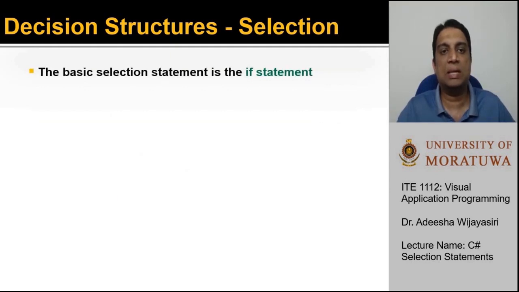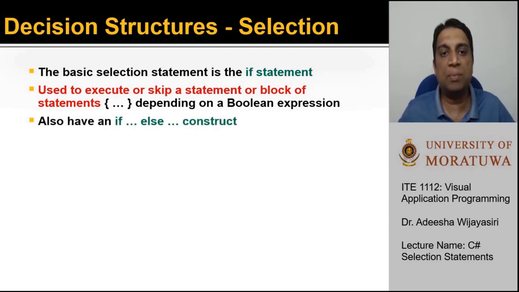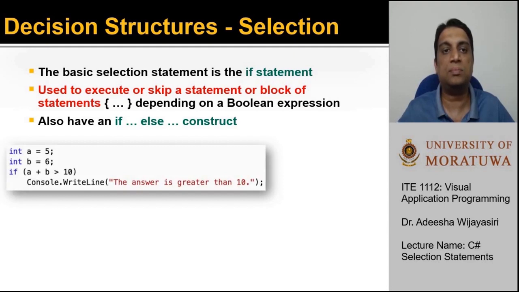The if statement is one of the basic selection statements. We can use an if statement to evaluate a Boolean expression and execute a block of statements based on the result of the Boolean expression. The if statement can be extended with an optional else construct.